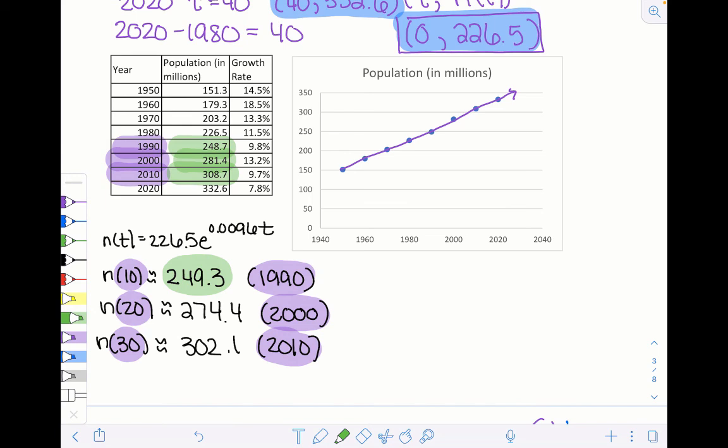So the model seems to be pretty close to the population values in the last few decades. Then we might use the model to predict future populations. We could plug in something like what the population might be in the year 2040.